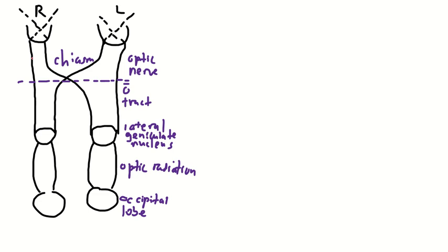So number one, when the optic nerve is diseased, you can imagine that the right eye will have a loss of vision. Before that, let me label it. This is right and this is left. So this will be affected.